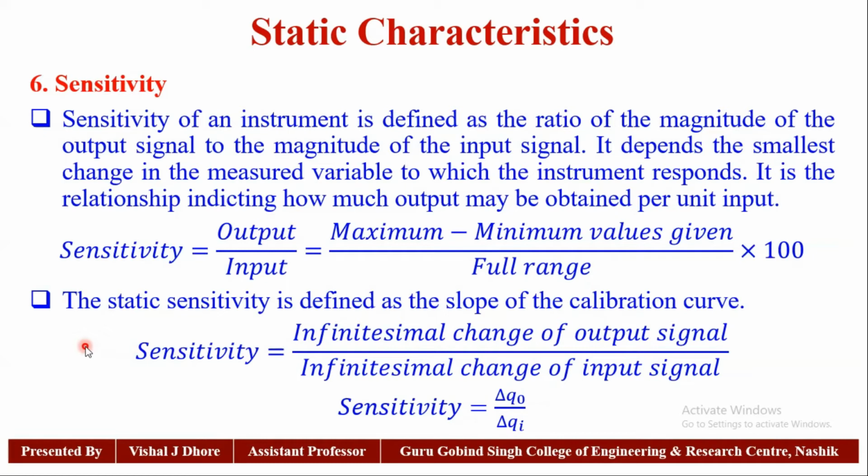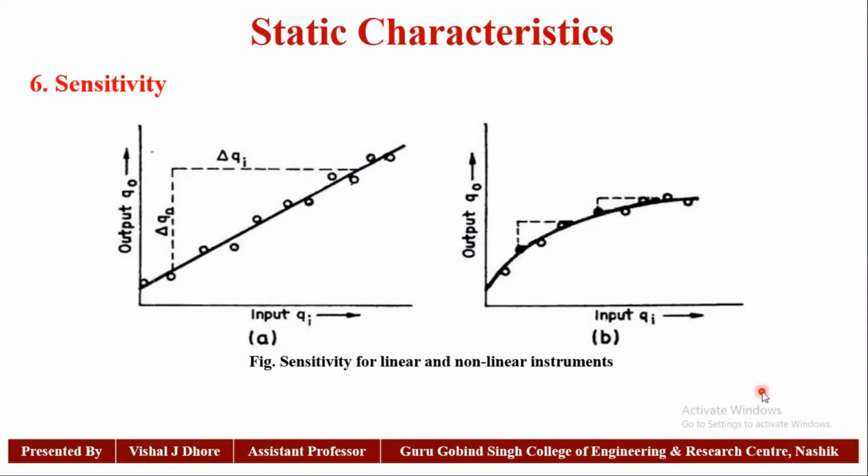The static sensitivity is defined as the slope of the calibration curve. The formula is sensitivity is equal to infinitesimal change of output signal divided by infinitesimal change of input signal. We can understand this by the graph of sensitivity of linear and non-linear instruments.